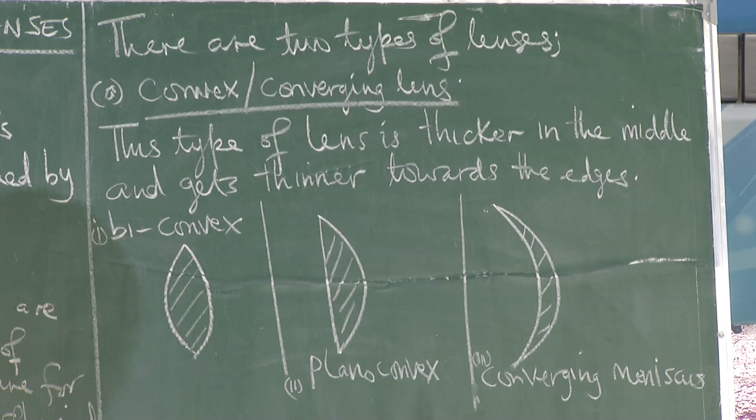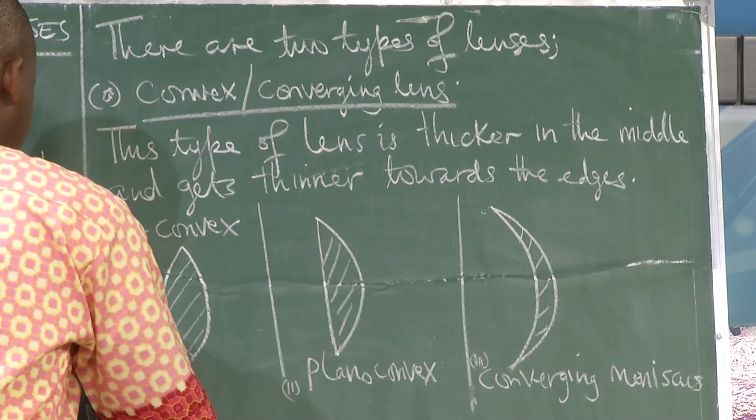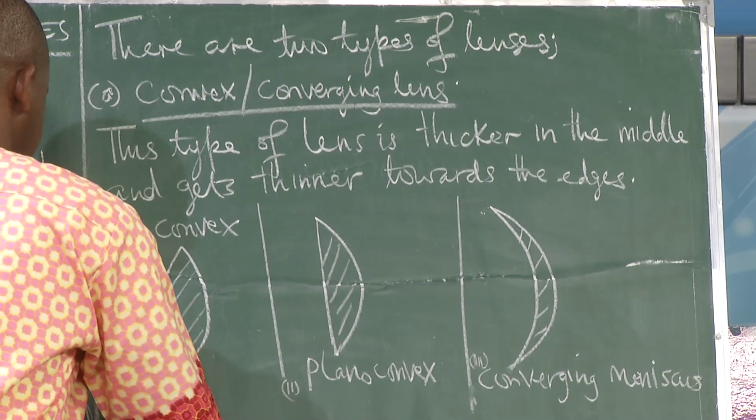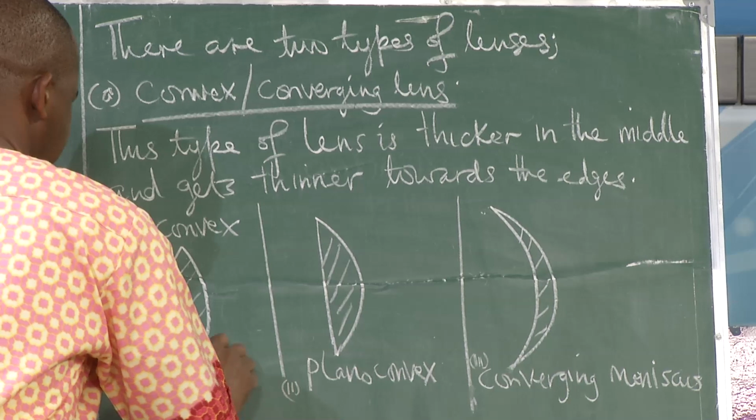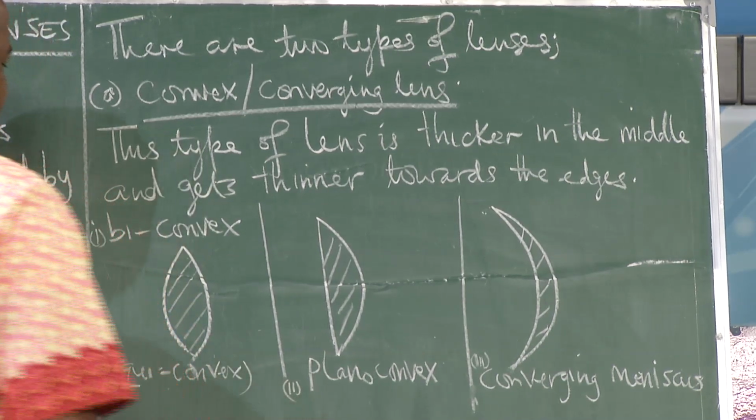The biconvex can also be called the equiconvex lens. And they are still correct.